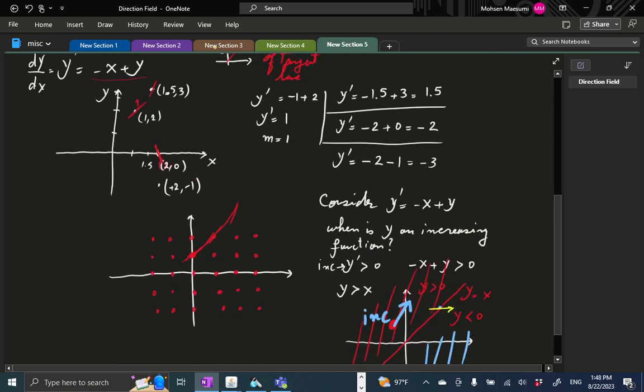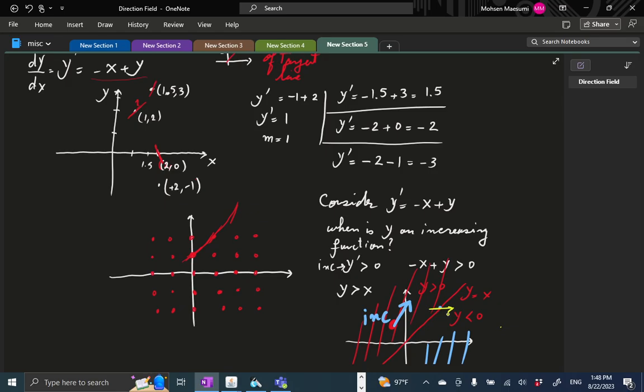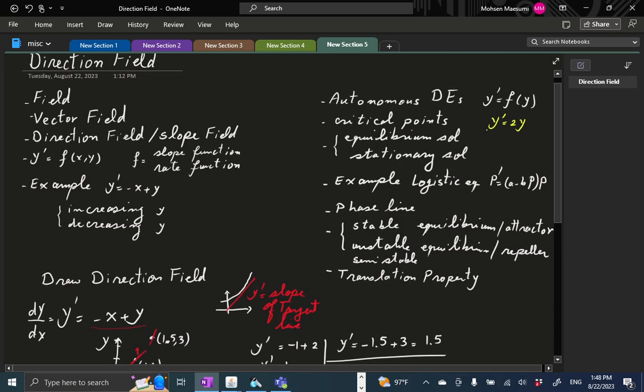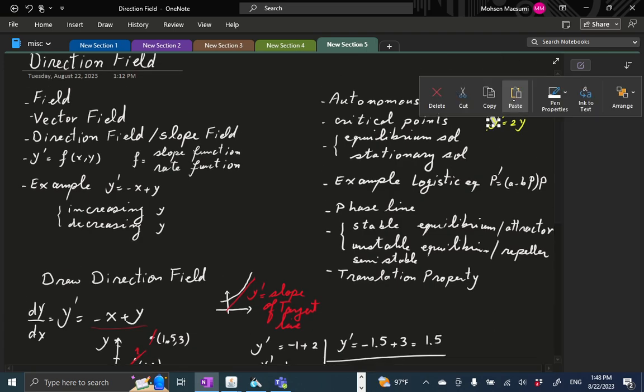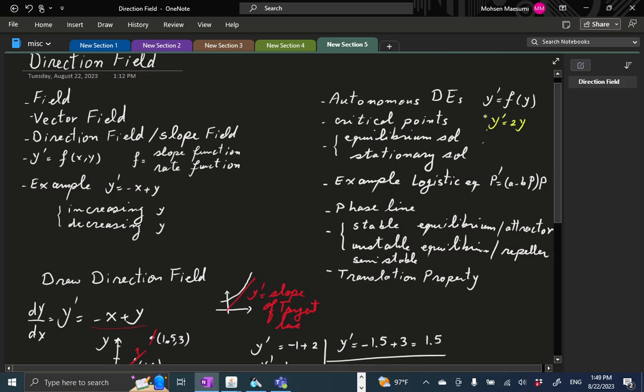You remember here we mentioned that to differentiate between increasing and decreasing, we set the right hand side equal to 0, and that is going to tell us the distinction between increasing and decreasing. Same thing happens for autonomous differential equation. Let's take a simple example of it and work that out.